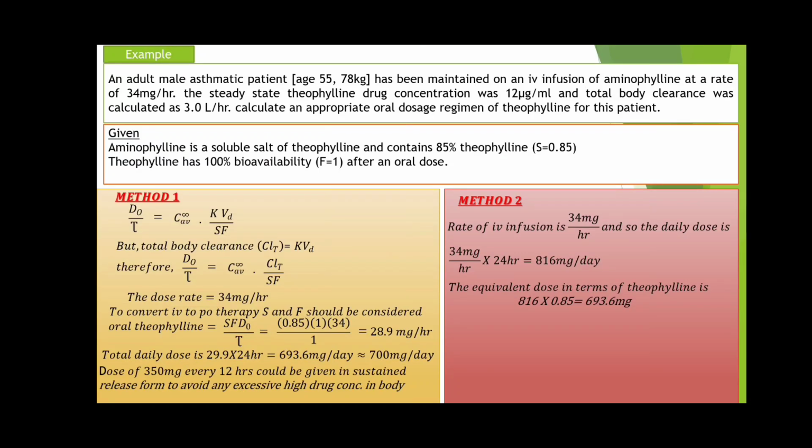Okay, so we know aminophylline contains 85% of theophylline, so the salt form we get 0.85. So 816 into 0.85, we will get 693.6 mg, and this is also approximately 700 mg. Thus the patient should receive approximately 700 mg of theophylline per day, or 350 mg for every 12 hours.